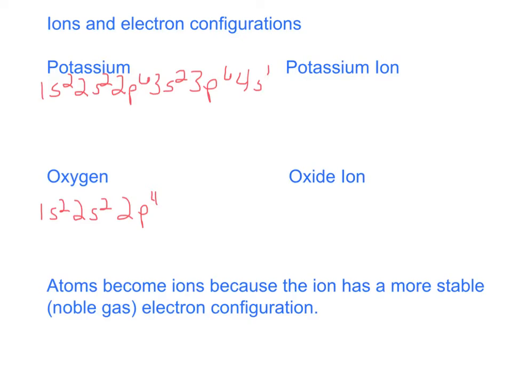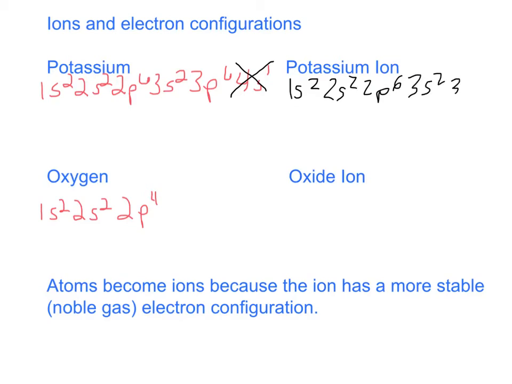And potassium's a loser, isn't it? Yeah, because it's a metal. Metals like to lose their electrons and go to the next noble gas configuration. To get to that noble gas configuration, they're going back to argon, which means they lose that 4s1. So it becomes 1s2, 2s2, 2p6, 3s2, 3p6.